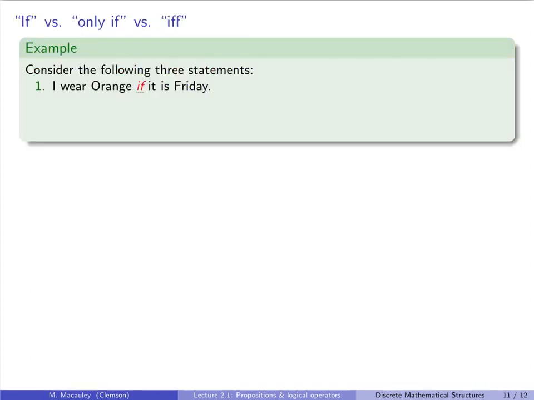Let's conclude this lecture by comparing 3 things that we unfortunately often say interchangeably, incorrectly. Those are if, only if, and if and only if. So consider the following 3 statements.